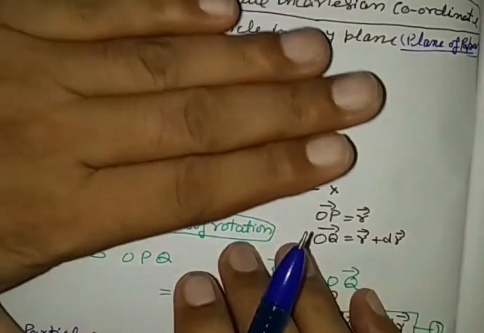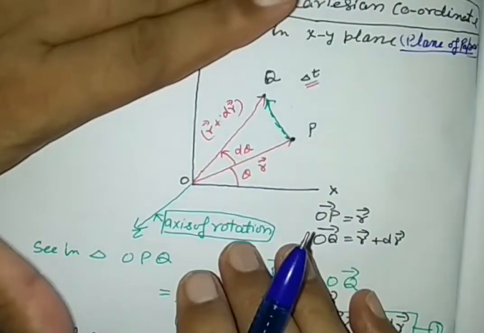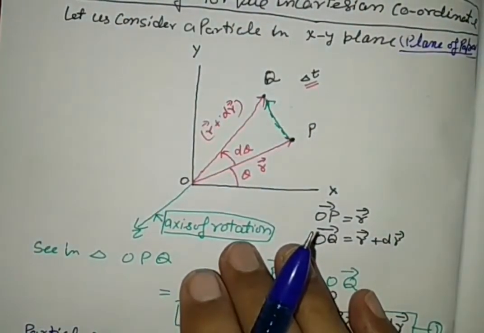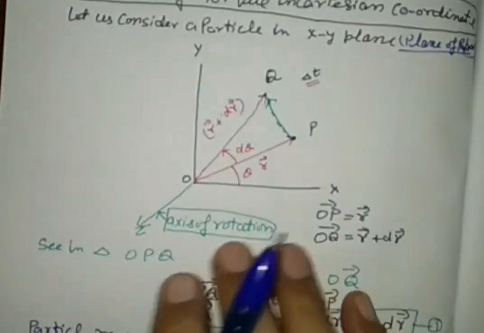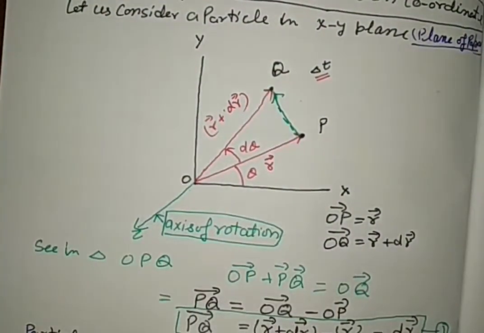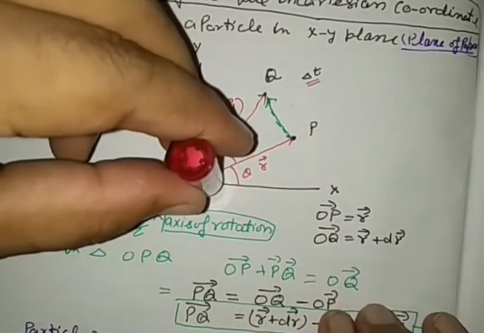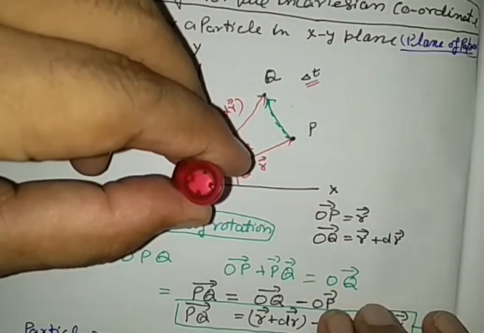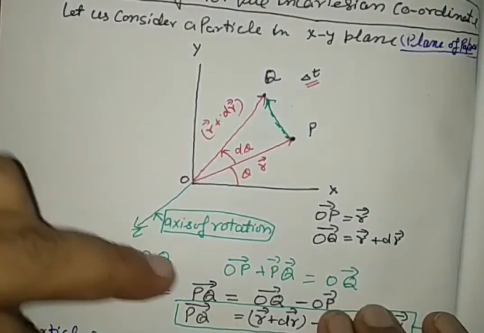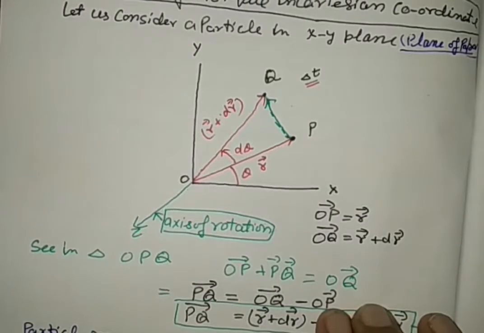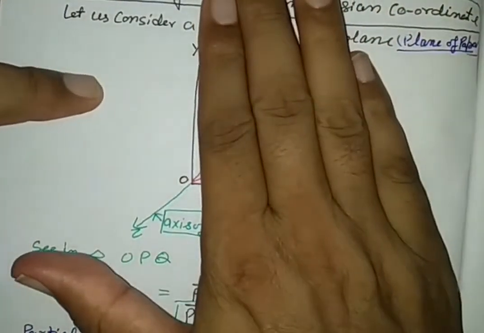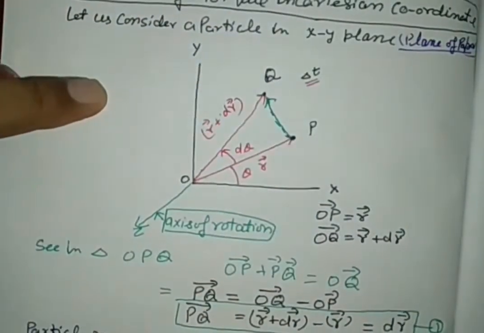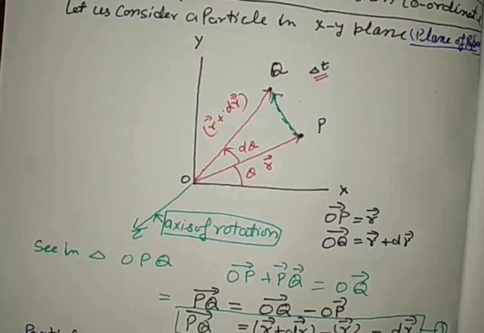See, this plane of paper I told in the beginning, it is XY plane, and this particle P is rotating perpendicular to plane of paper along OZ. Here is a given axis of rotation, right? But force is implemented on a plane of paper. Plane of paper, it means that on XY plane.